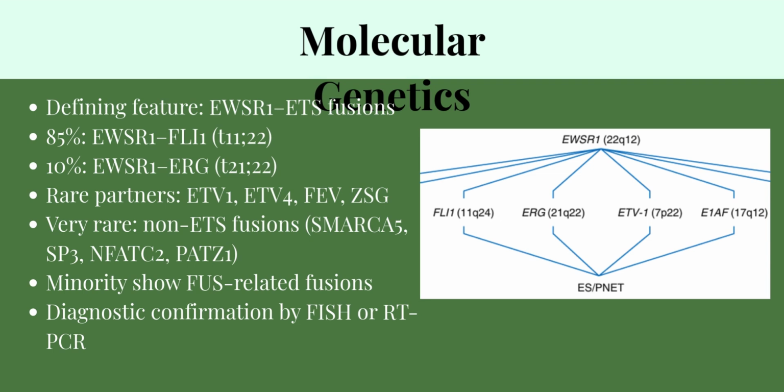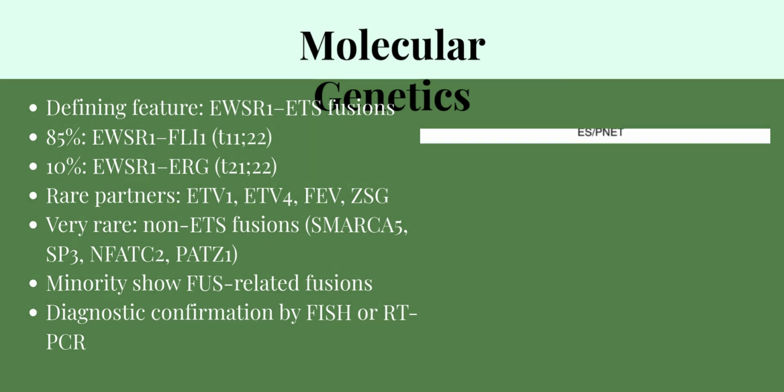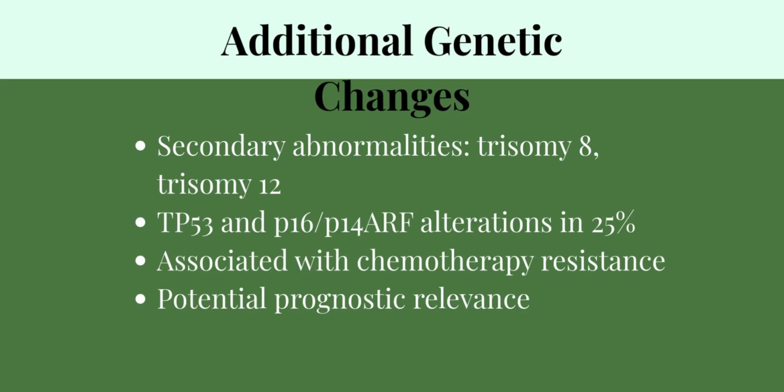Molecular confirmation using FISH or RT-PCR is essential, especially in morphologically unusual cases. Secondary cytogenetic changes such as trisomy 8 and trisomy 12 may also occur, but their diagnostic value is low.